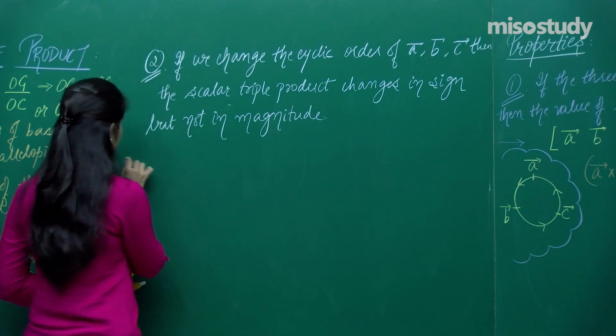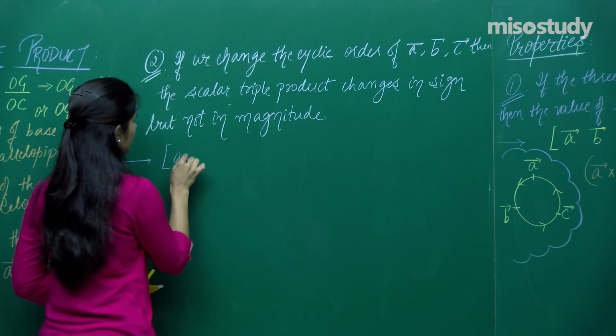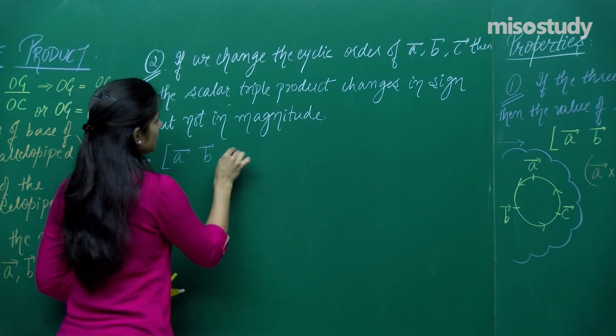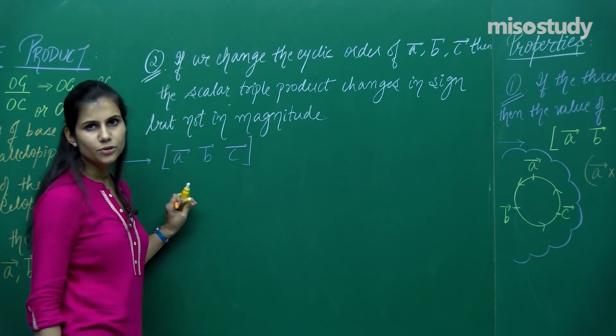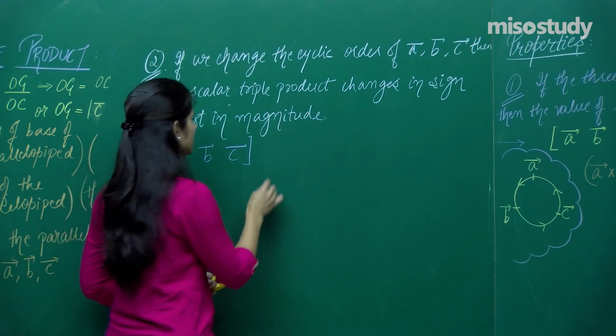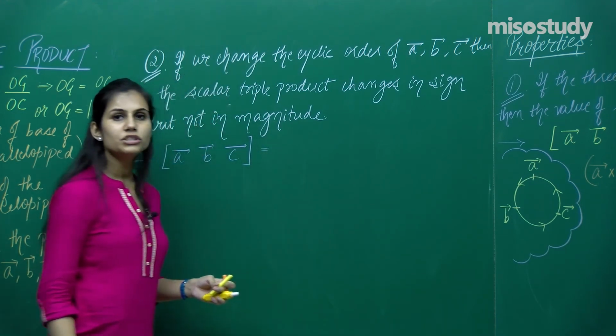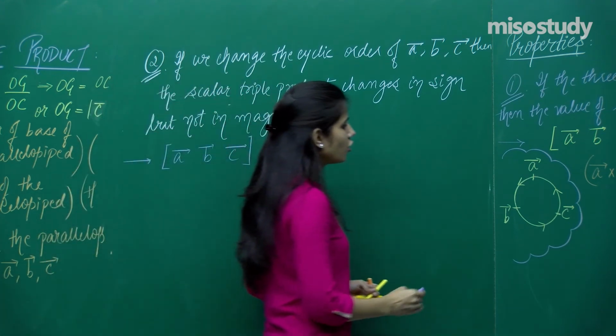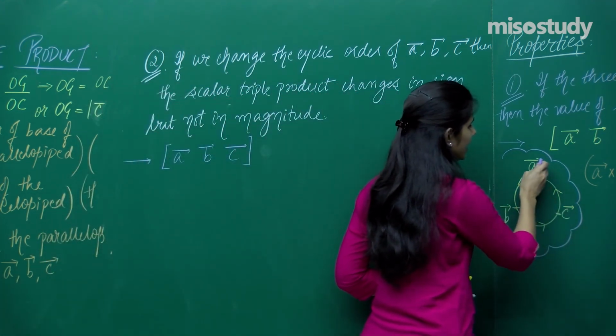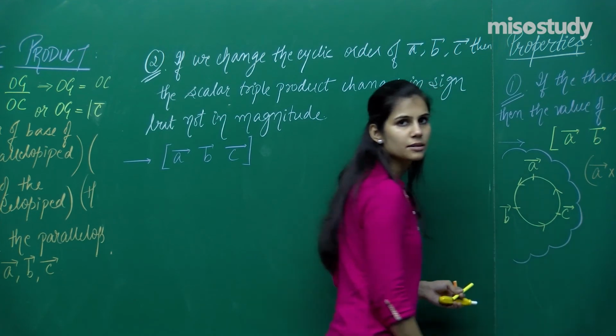What do I mean by this? Let me tell you. Scalar triple product in this order, the scalar triple product of ABC is denoted by this. Suppose I do not put an equal to sign here. If you are not writing BCA, rather writing BAC, suppose.